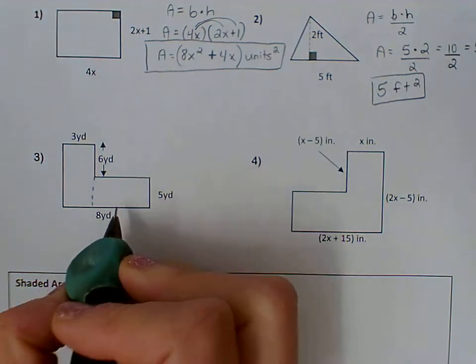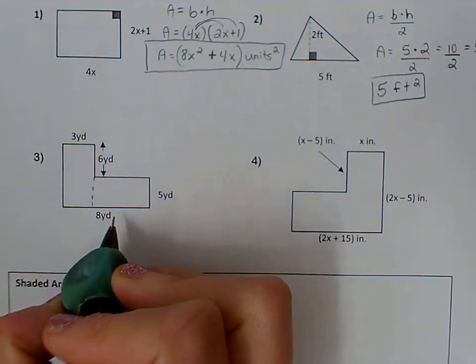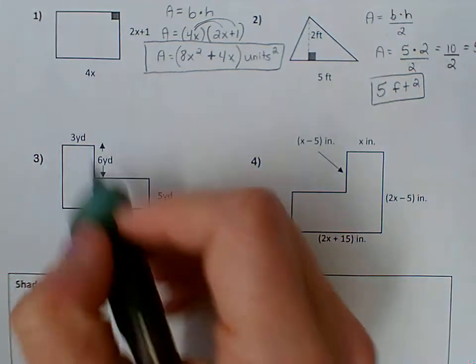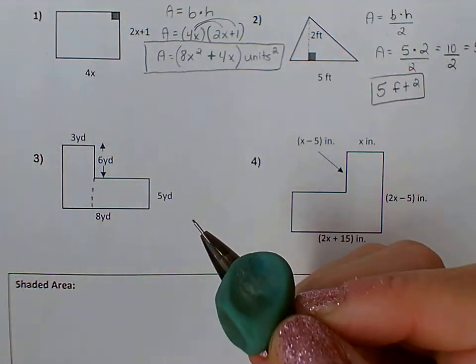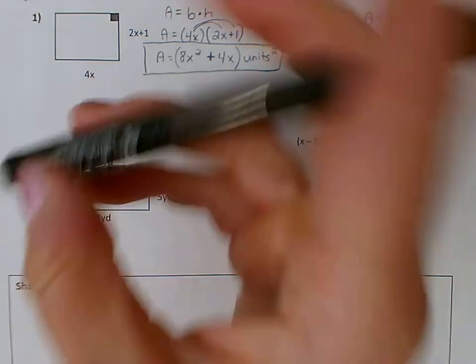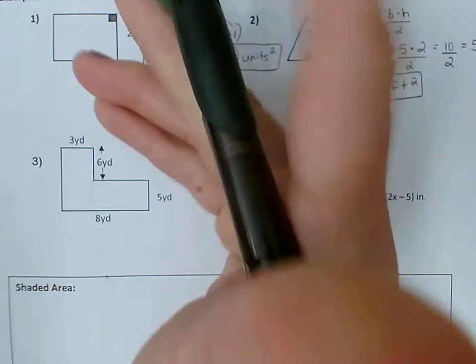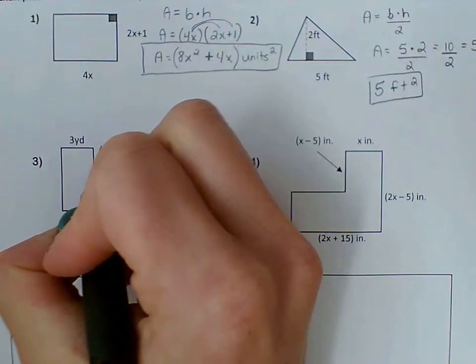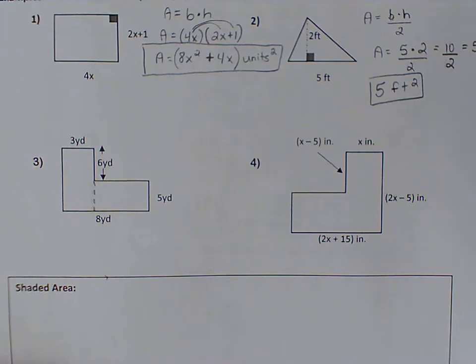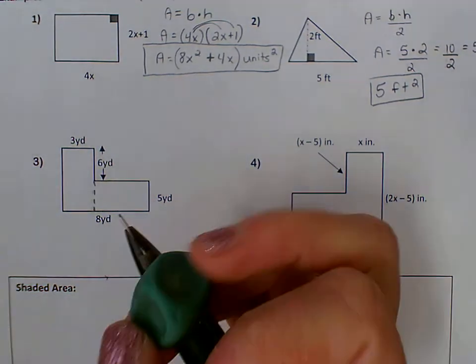And so that I have this rectangle right here, and then I have this one right here. And then I'm going to look at my sides and see if I can figure out what the side lengths are. So when you split up your figure, it does cause an issue because you're going to notice that you're missing pieces of your information to be able to find the area. So you will have to find those pieces of information first, okay?